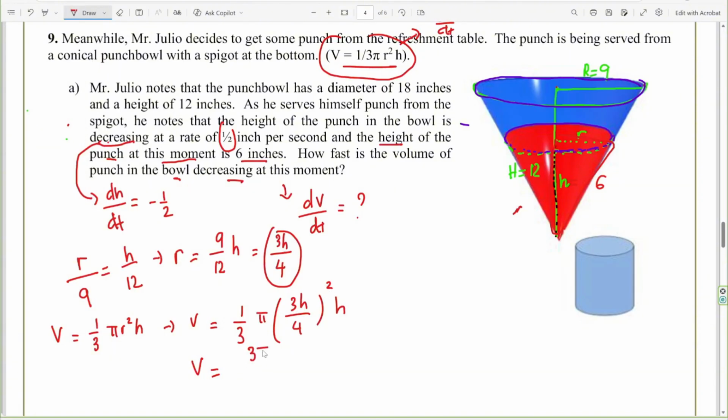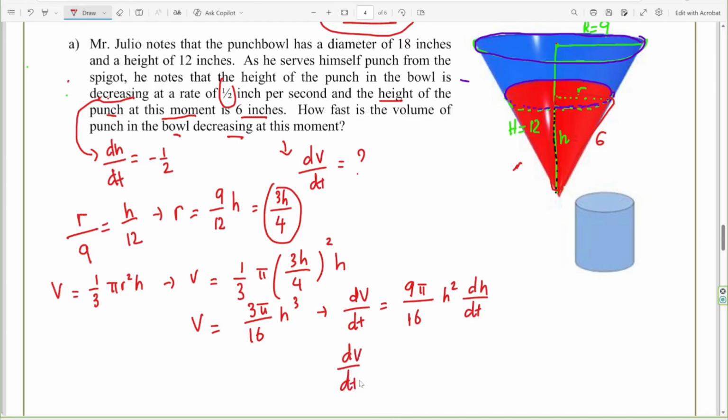So we have V equals 3 pi over 16 h cubed. Now you can take the derivative of both sides with respect to t. So dV over dt equals 3 pi over 16. Bring the 3 to the front, so this becomes 9, h squared dh over dt.